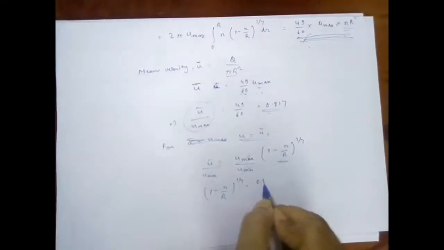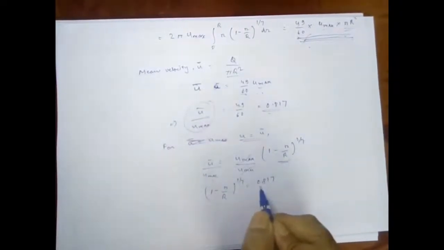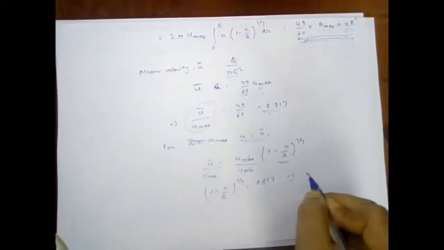I'll write it as 0.817, and on solving this, small r is equal to 0.7579 times capital R.